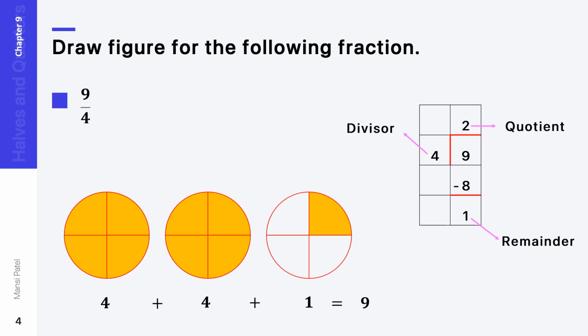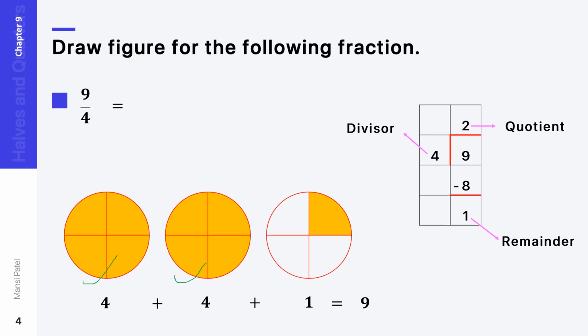Now you see how we have to write down the answer as a mixed fraction. How many total circles did we draw? 2 whole circles. See here, we drew 2 whole circles. That's why we have to write down 2 as the whole number.